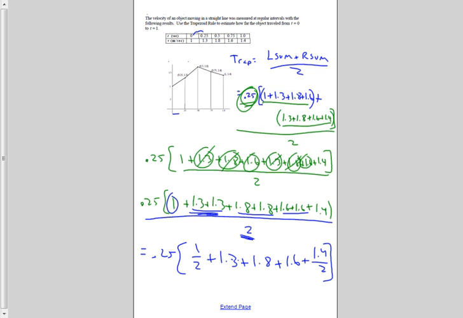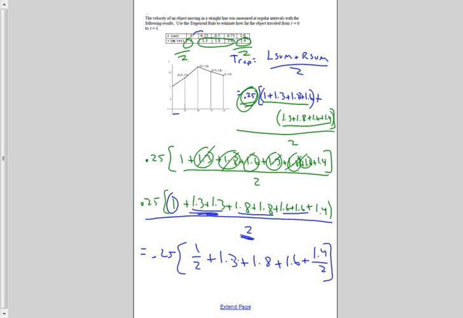So the idea is you can just add up all of the middle terms, and then you add the endpoints divided by 2.